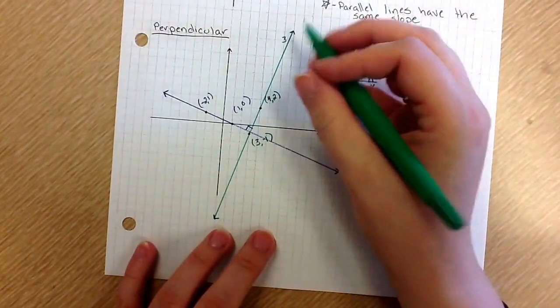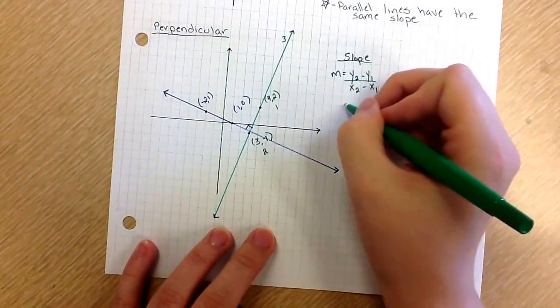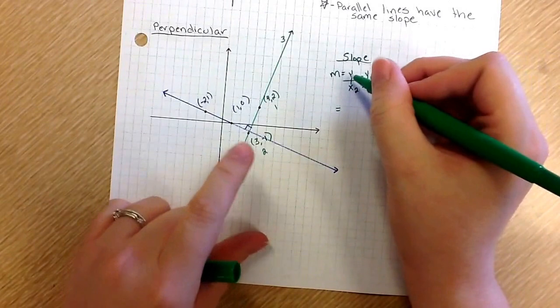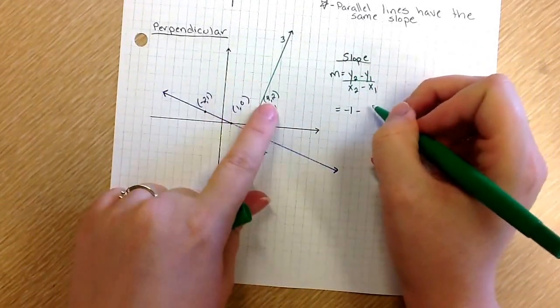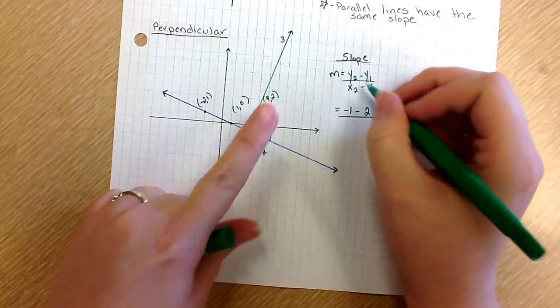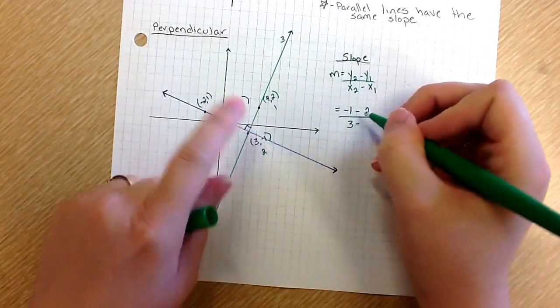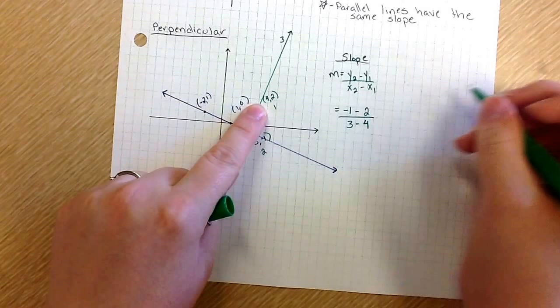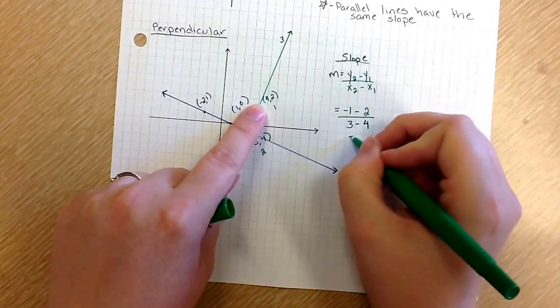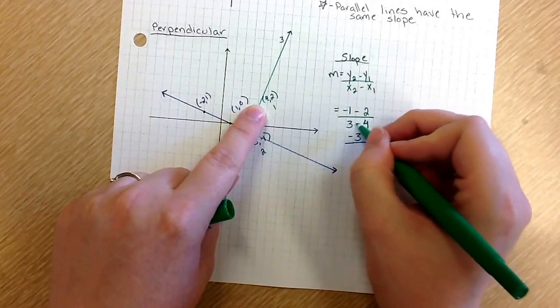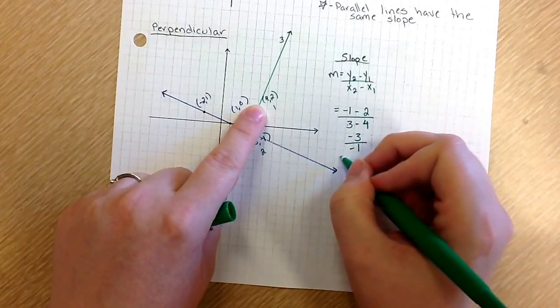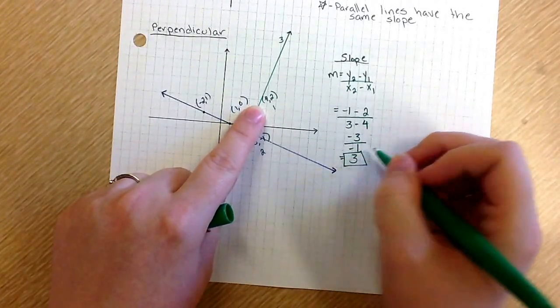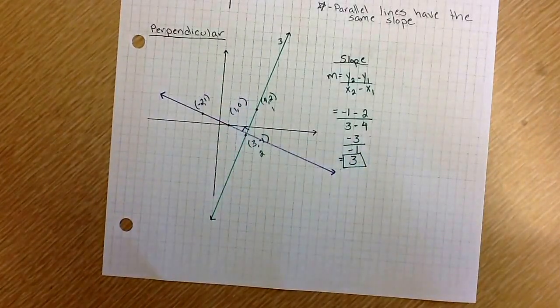Let's have that be point 1, point 2. I'm going to take my y2, which is negative 1, minus my y1, which is 2, over x2, which is 3, minus x1, which is 4. Negative 1 minus 2 is negative 3. 3 minus 4 is negative 1. Negative 3 divided by negative 1 is 3. So the green has a slope of 3.